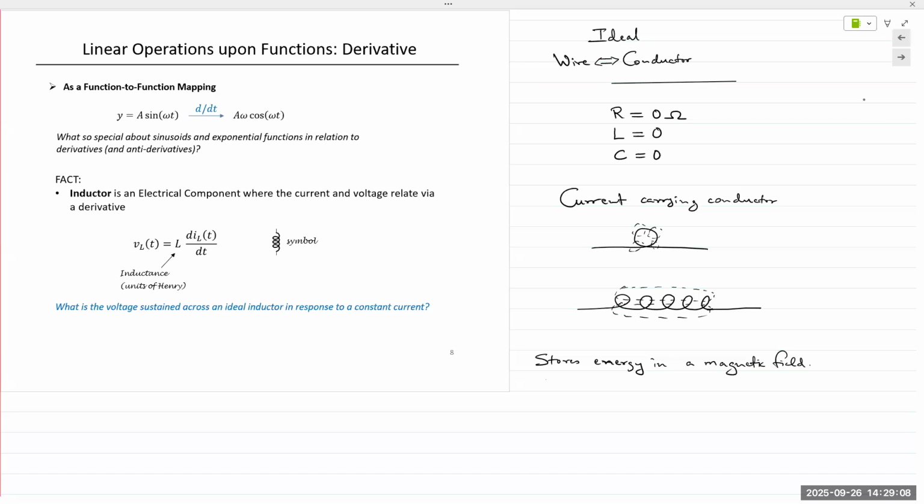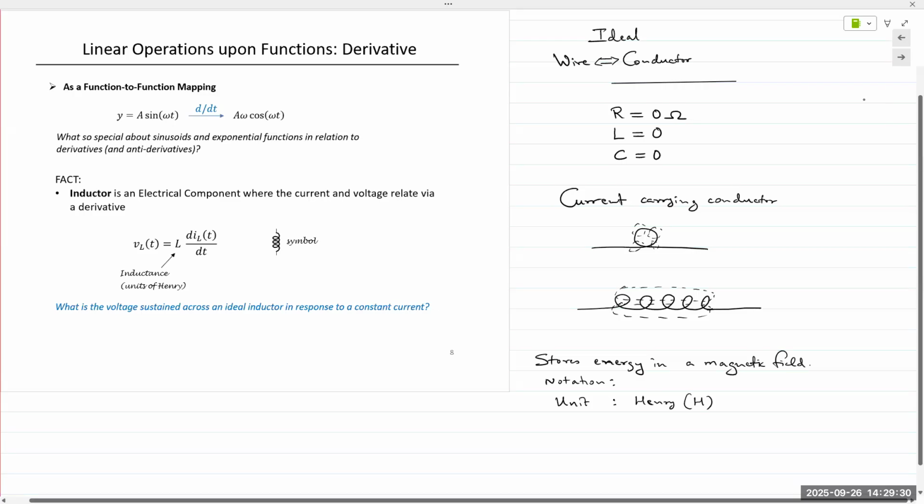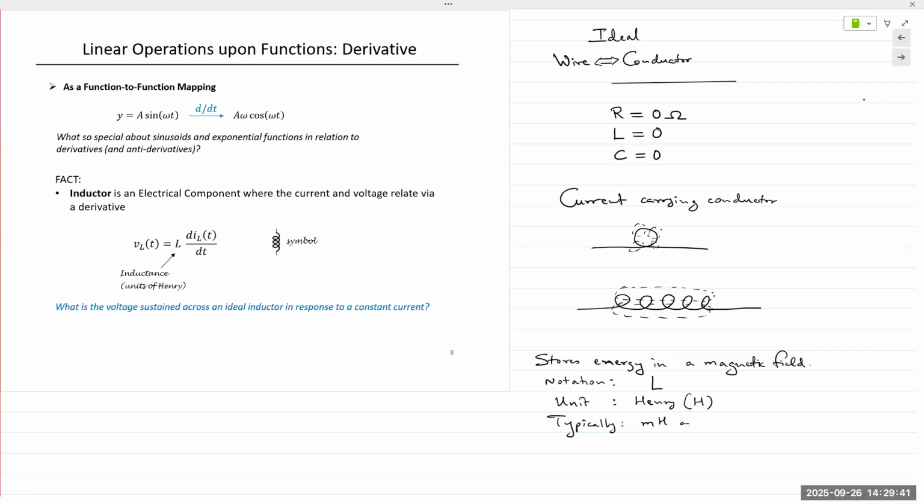Notation for an inductor is an uppercase L. Unit is named after Henry, or H. Typical inductors that are used are in the millihenry or microhenry range. Milli or micro, right? Millihenry or microhenry.